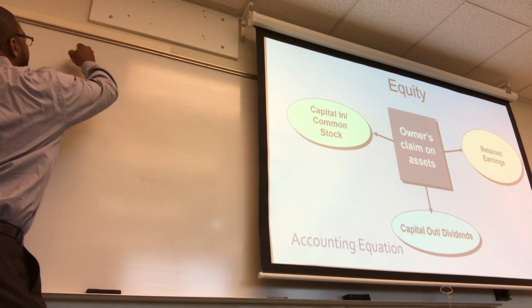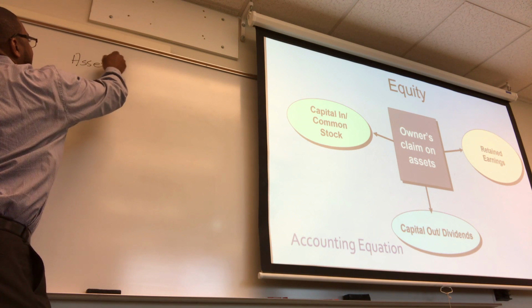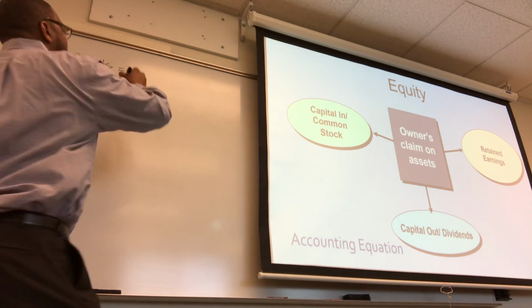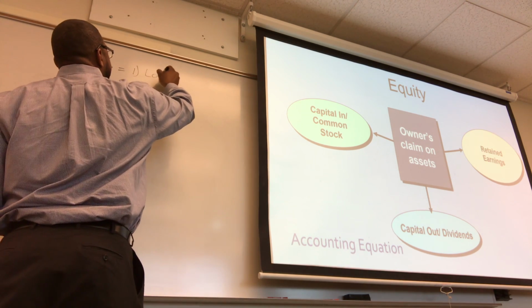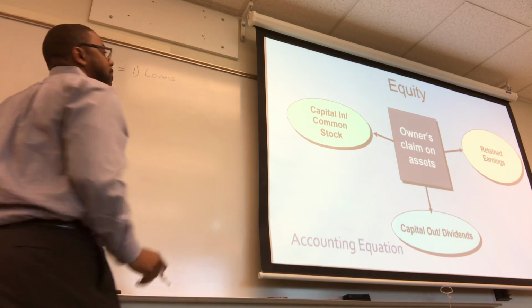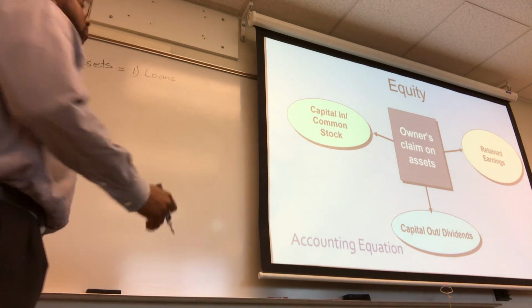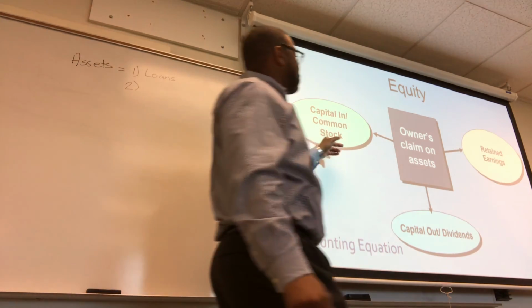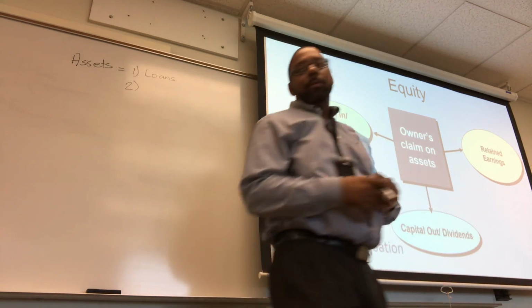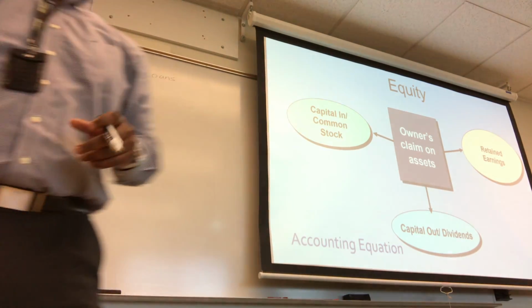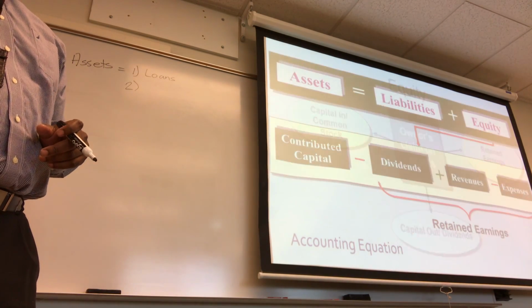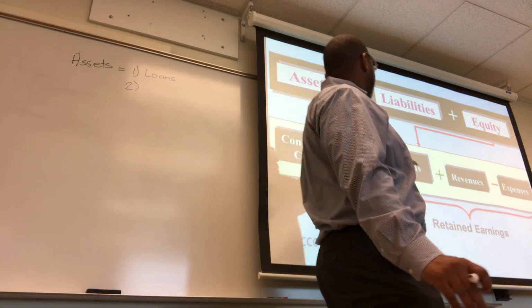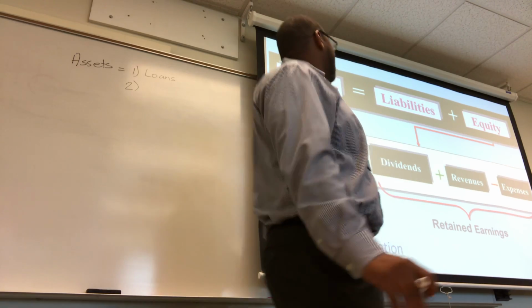What the accounting equation is saying is that assets come into a company one of three ways. One, loans, that's liabilities. Two, we can have investment, so capital in and capital out, capital contribution minus dividends.